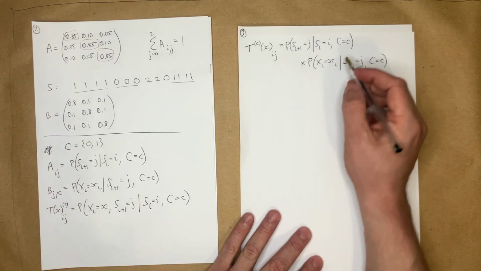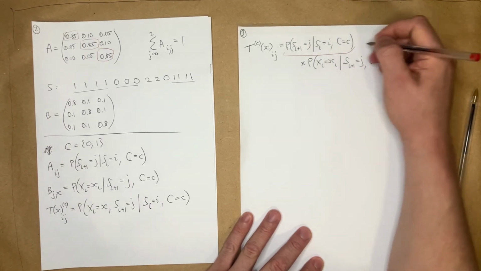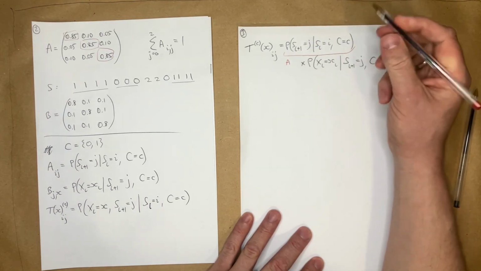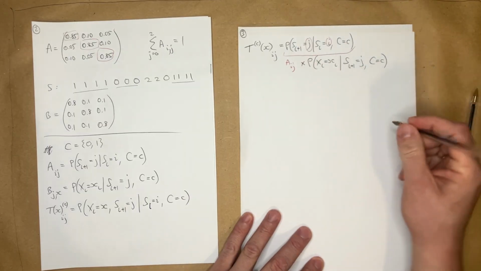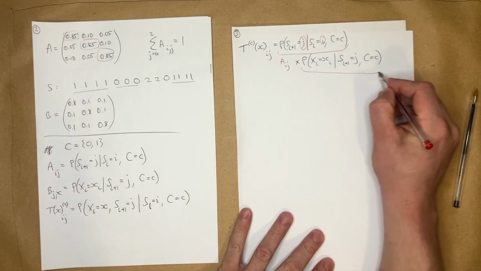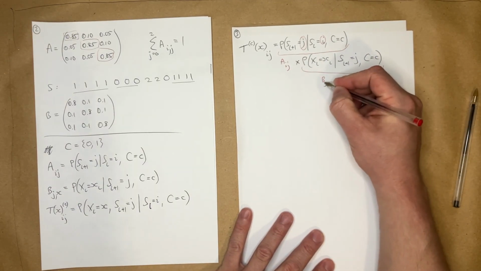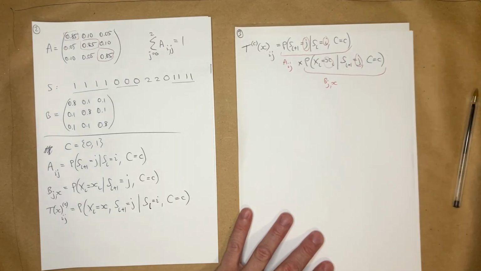Yeah, so this first component here is just A. I've got the indices j and i, so that's A_ij. And the second element here is B, so that's B of j and x, where I've got the indices j and x.